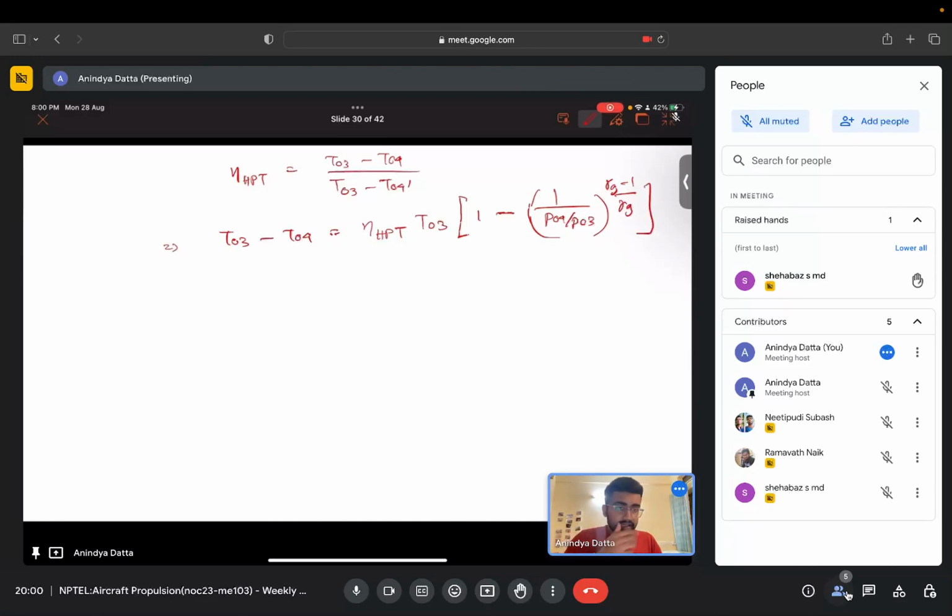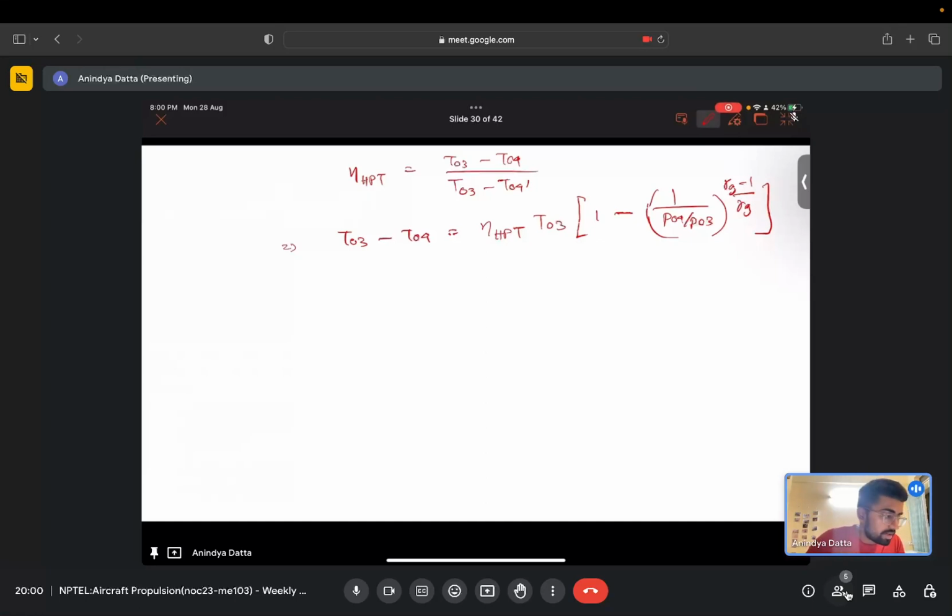Note here we are using the gamma for the gas, because in the turbine the specific heat ratio is gamma g, which is 1.33.